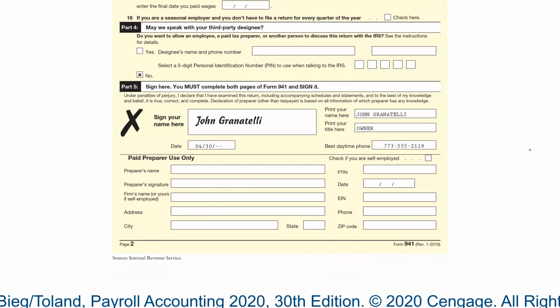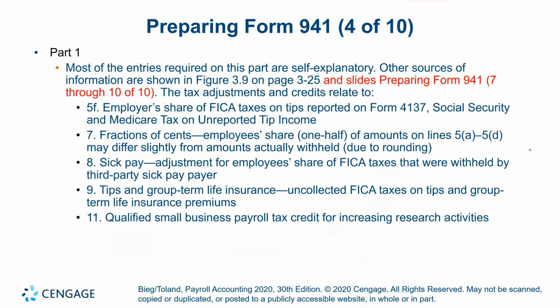So, whether this is the owner of the company, or, again, a tax preparer, for example, we'd put in that information there. All right. So now the rest of these slides are just going to walk through each part of it.